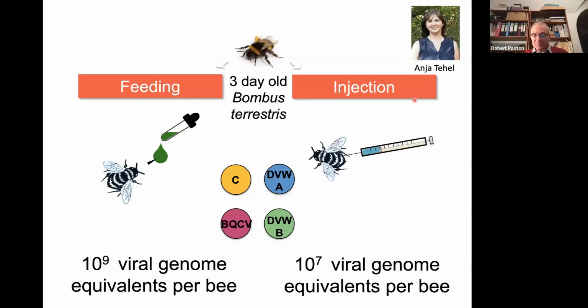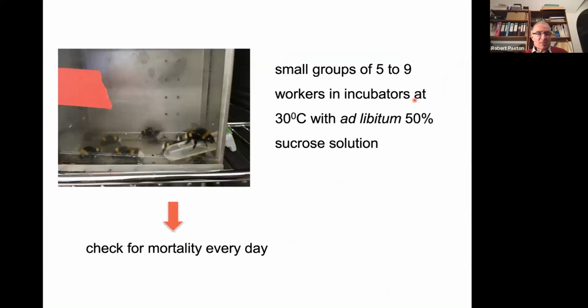The idea was from Anya to feed them or inject them, and then see how quickly the bumblebees die. So the bumblebees, they're fed or injected, put into cages like this, so they survive quite well in these little cages, given a continuous supply of sugar, and we check for mortality and then also quantify virus in them every so often.